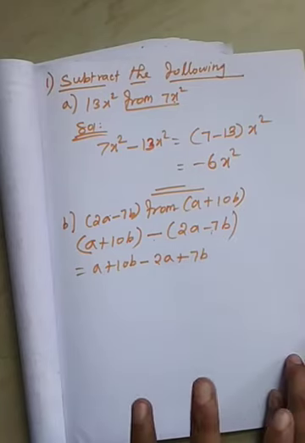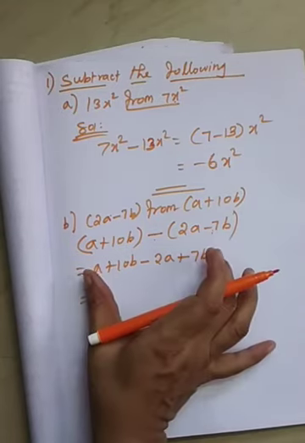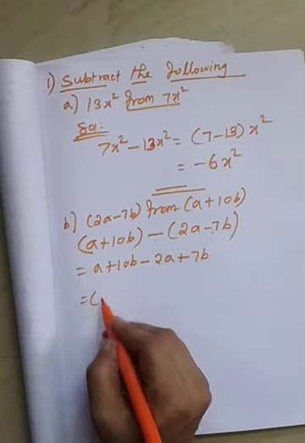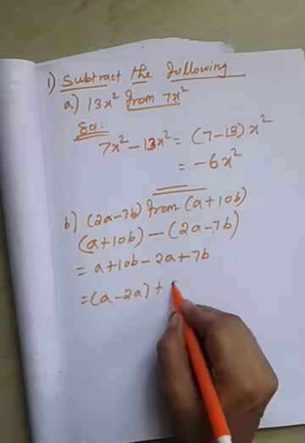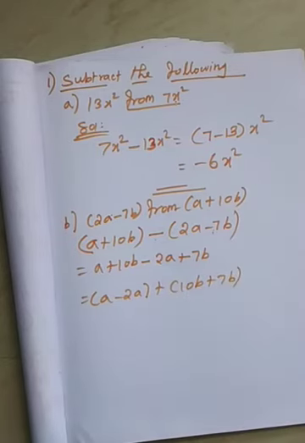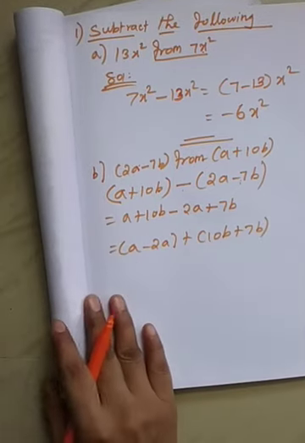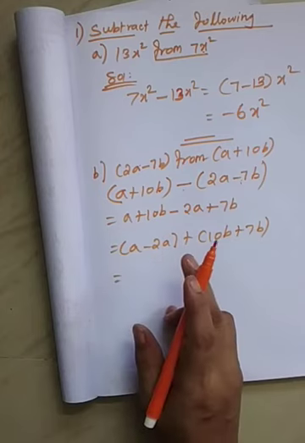After that you have to arrange this expression. See here first a, the next minus 2a. After that write 10b plus 7b. Okay, what is a minus 2a? A or minus a?